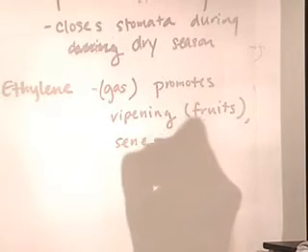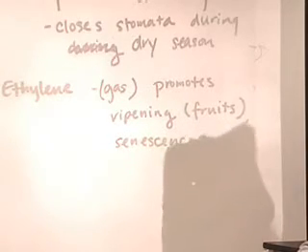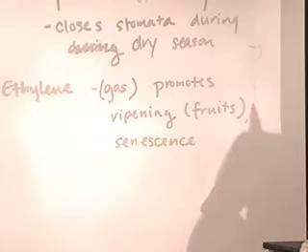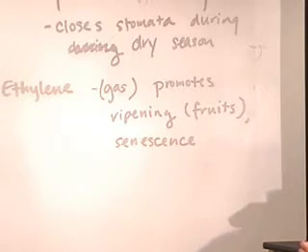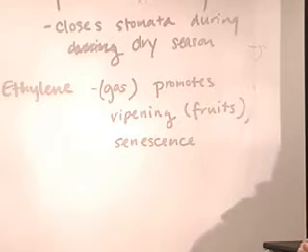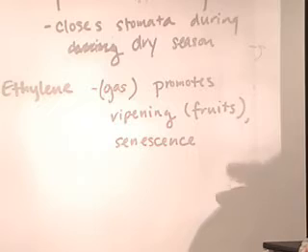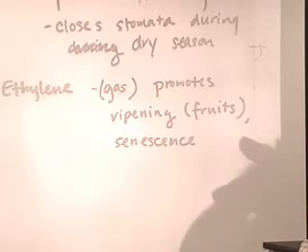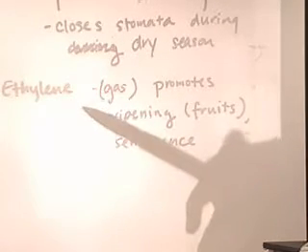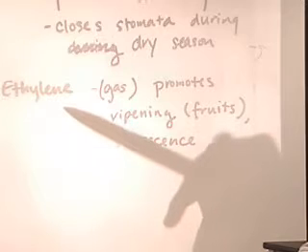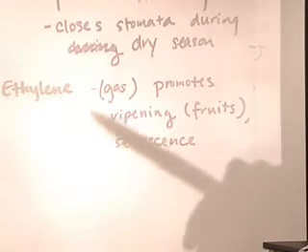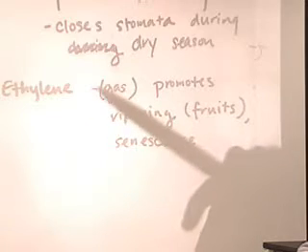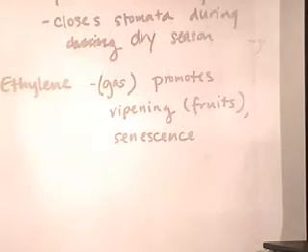Senescence is when your leaves fall off your trees. And that's, again, both sort of end of the road things, right? Your plant is on its way out in a sense, or the fruit is ripening, everything's sort of ending. Your plant's not growing anymore. Ethylene actually has a sort of interaction with auxin in that once you have a certain amount of auxin, then ethylene starts being promoted to sort of start that end part of your plant's life.